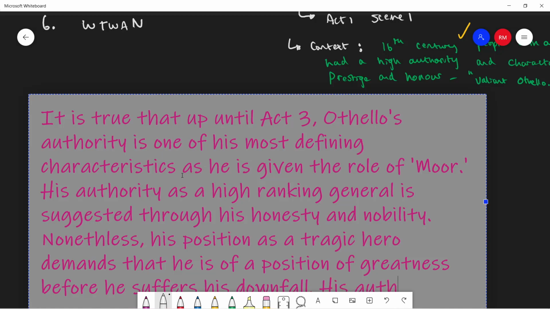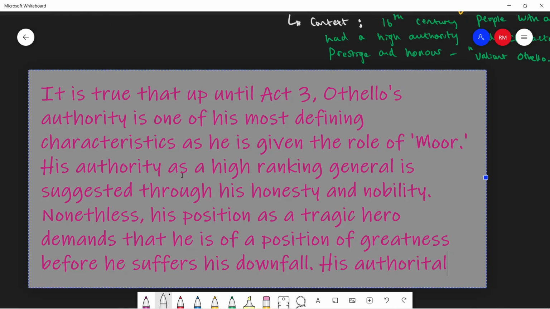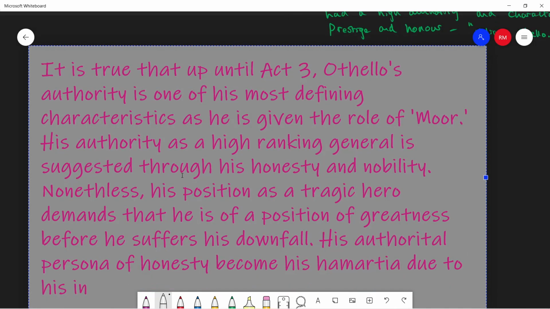His authorial persona of honesty becomes his hamartia due to his insecurities drawn out by Iago.